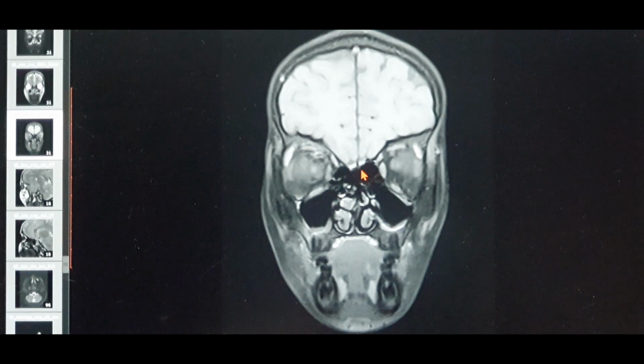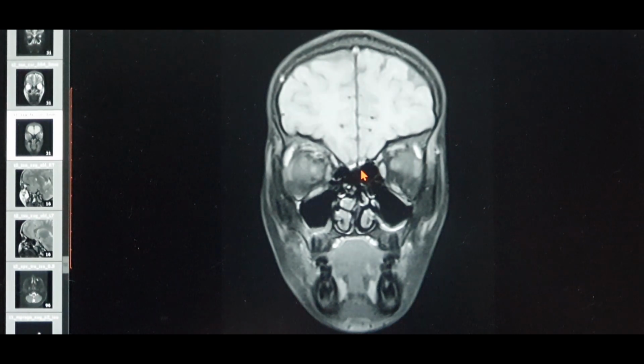It will appear less bright on T2. So it appears bright in both scans, unlike inflammation, that is meningitis or an infection, which appears dark on T1 and bright on T2. But the fat will be bright on both T1 and T2.